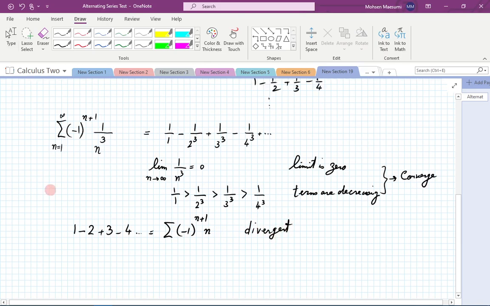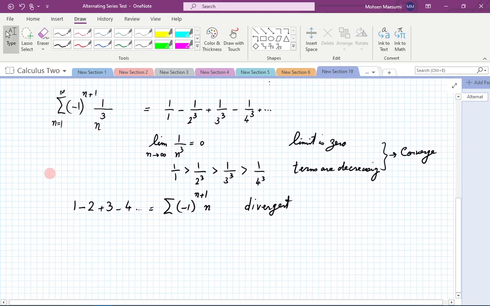How about the other one? The other one, we had 1/2 minus 2/3 plus 3/4 and so on. What would be the formula for something like this? So I have n plus 1 in the denominator. I'm starting at 1 and I am starting with a positive, so I might start with n over n plus 1 and go on. Would that one converge?